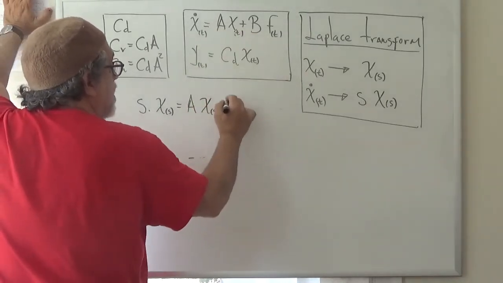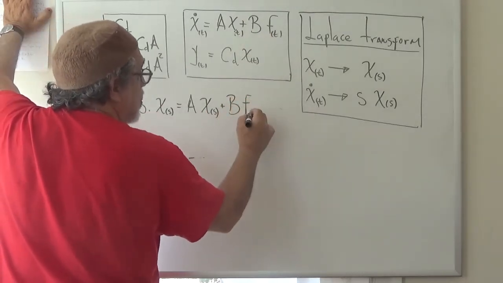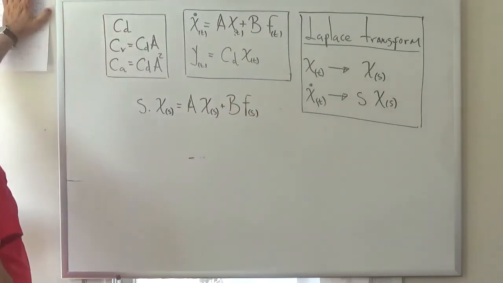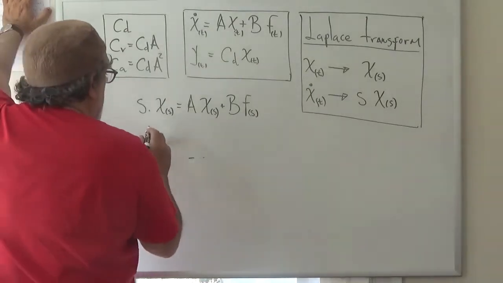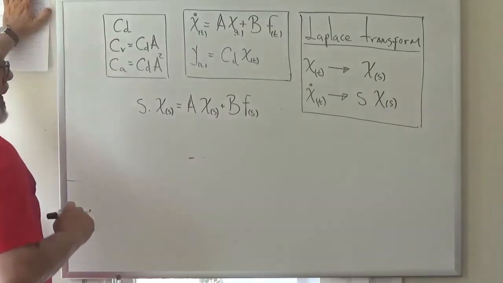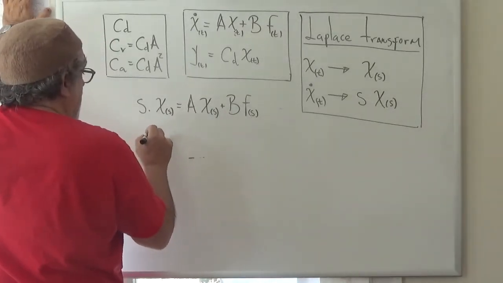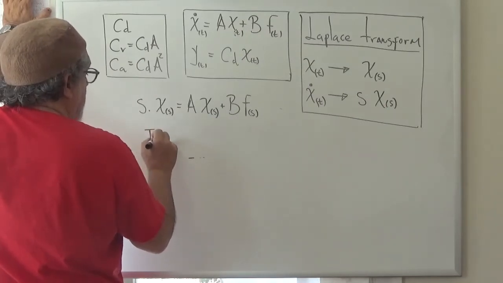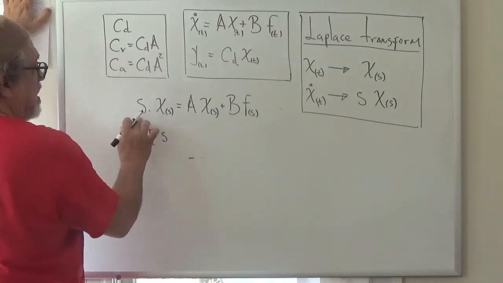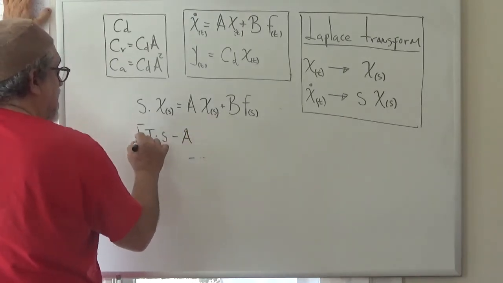B is a constant matrix, and the Laplace transform of f, which is a time function, is, instead of being f of t, f of s, right? Now from this equation, notice no more derivatives, just pure algebra now, right? So we can say that this is the same thing as having the identity matrix multiplied times s, minus the matrix A, which I brought to this side.